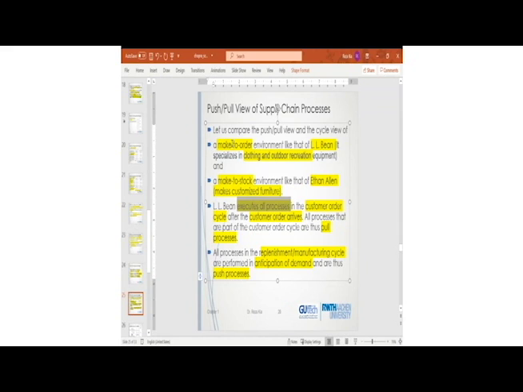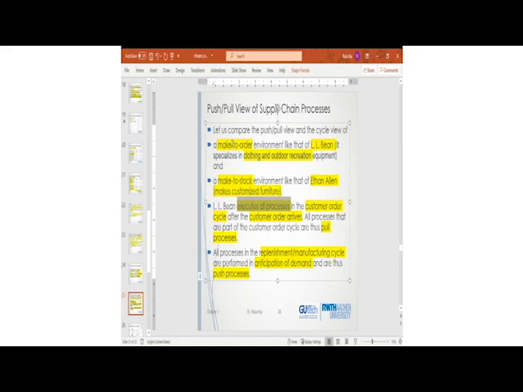But there is a very important thing: when one part of a supply chain is pull view, we cannot say that the whole supply chain cycle is pull or push. I mean, maybe one part of the supply chain could be pull processes, and some other part could be push processes.